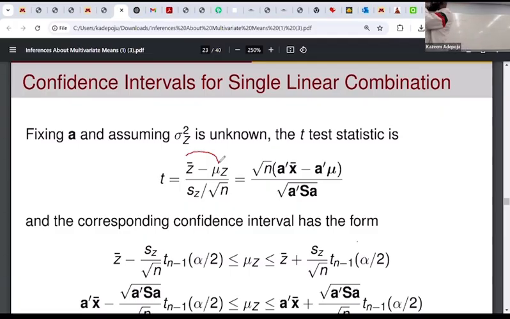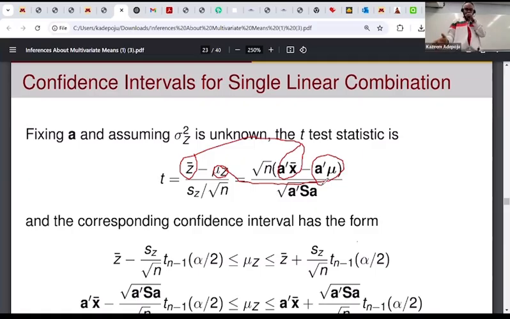We're working with a very serious notation. This is the formula here. That's the sample mean, the mean you got from the sample. But this guy here is the population mean. So a prime x bar is different from a prime mu. Does that make sense? And of course, this guy is the standard deviation, which is the square root of the variance.